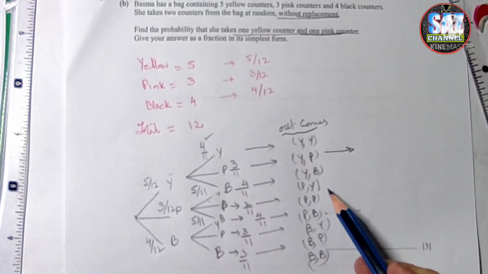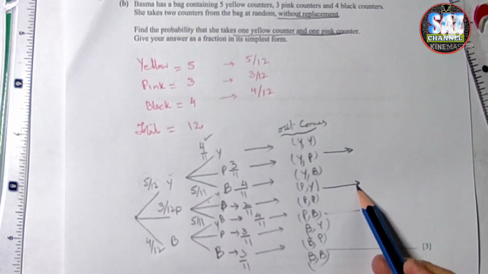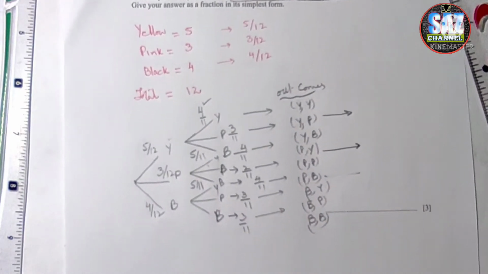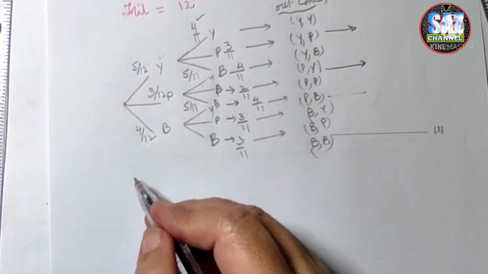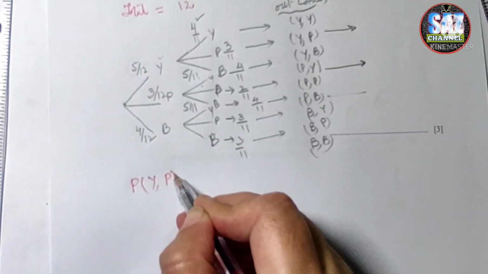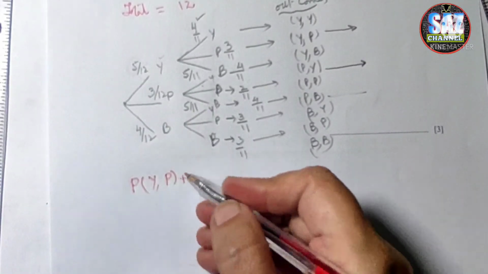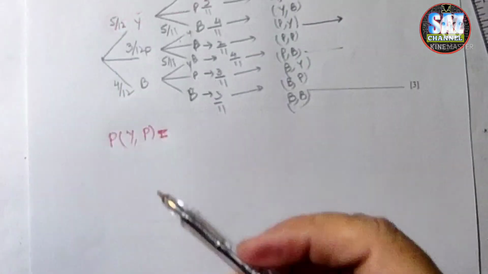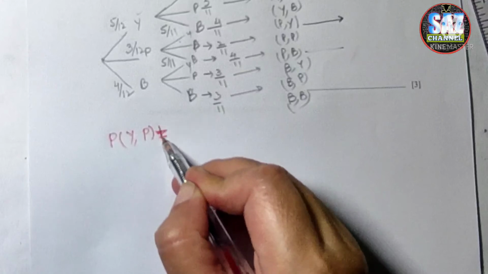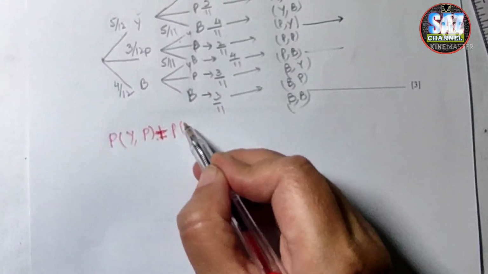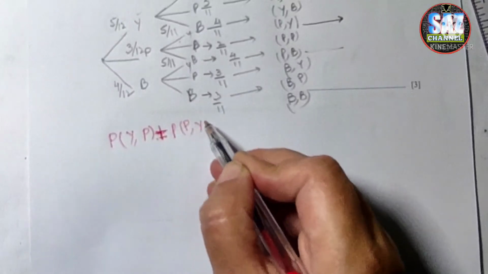This is the second situation where we are getting pink with yellow. So the required probability will be equal to probability of yellow with pink, plus probability of pink with yellow.